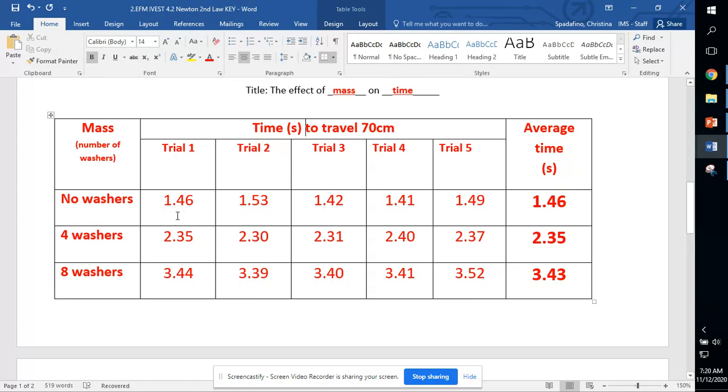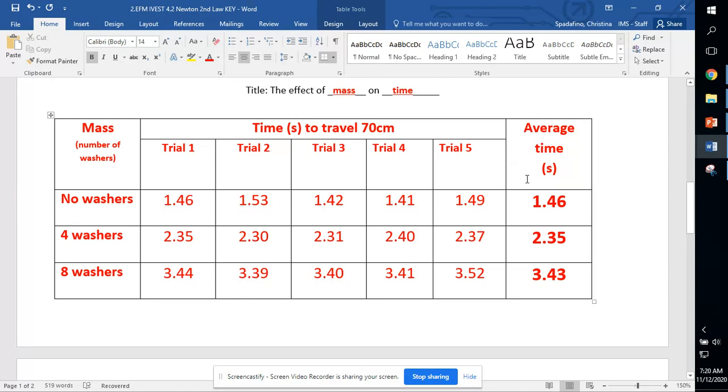And then your trials, here's the time. Because we have the S up here for seconds, you don't need it here. But if you have it in each box, that's completely fine. But it looks a lot cleaner when you just keep it up there in the headings.